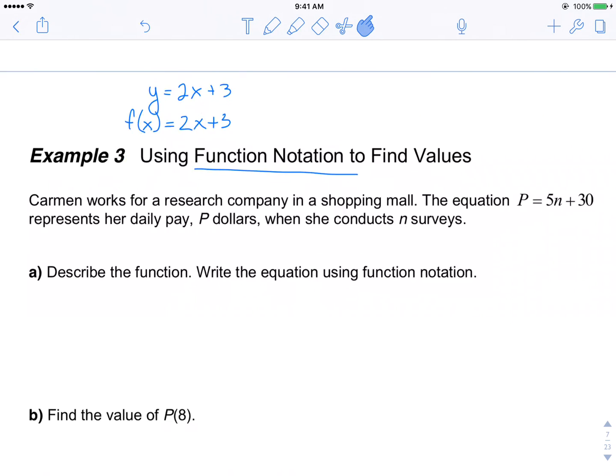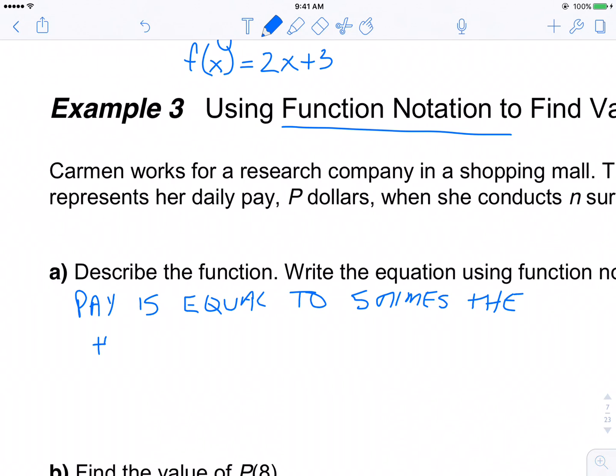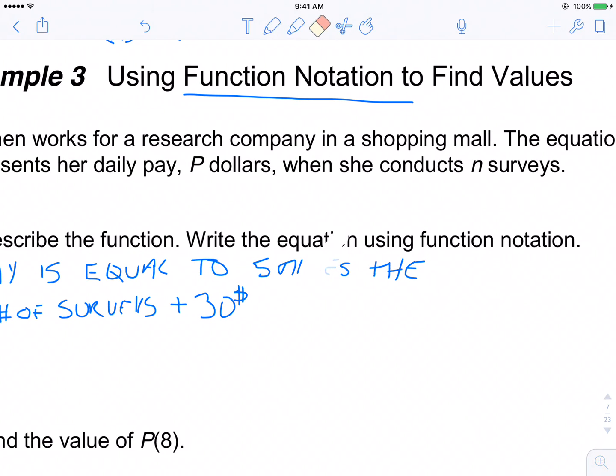Description of the function is basically that her pay is equal to 5 times the number of surveys plus, what was it, 30? $30. Basically what that is.